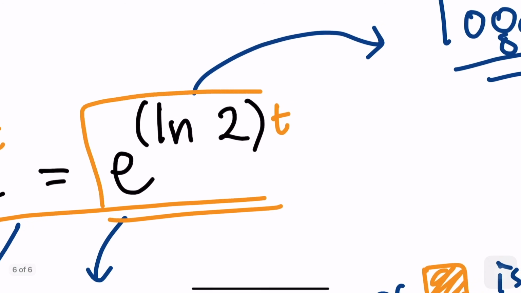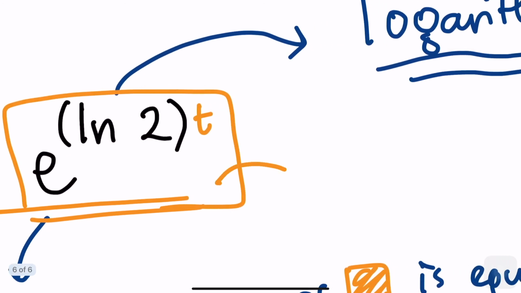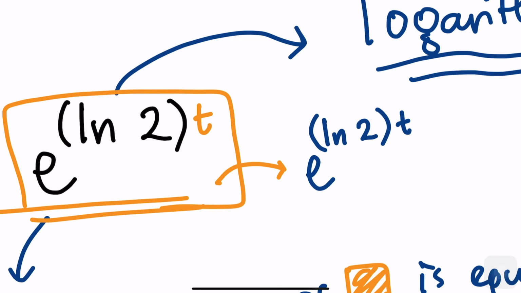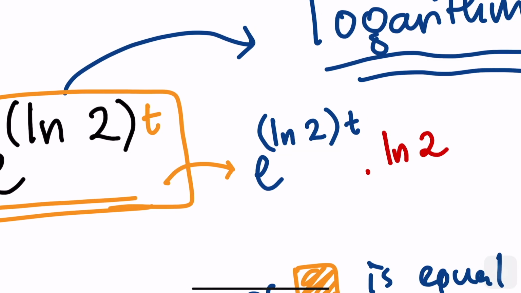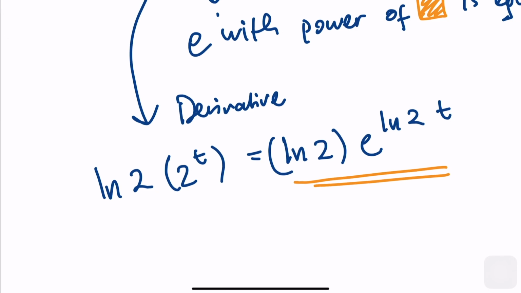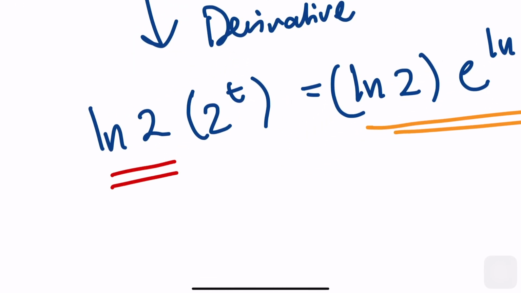When we differentiate this, e just becomes e itself, the same component, but needs to be multiplied by its chain rule factor, ln 2. And this is our proportional constant.